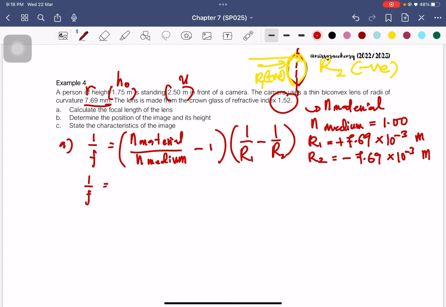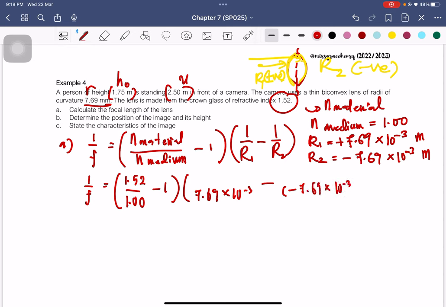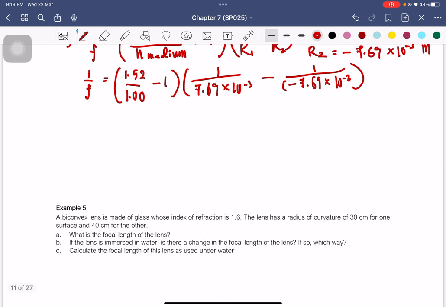So 1 over f is equal to 1.52 divided by 1.00 minus 1, times 1 over 7.69 times 10 to the negative 3 minus 1 over negative 7.69 times 10 to the negative 3. Okay, so you will get the focal length to be equal to positive 7.39 millimeter. So that is how you solve for focal length using the lens maker's equation.